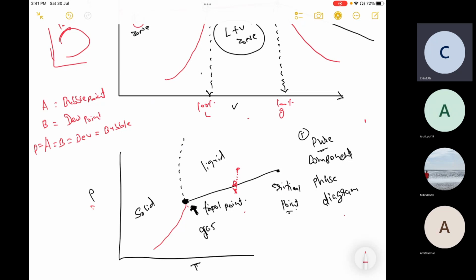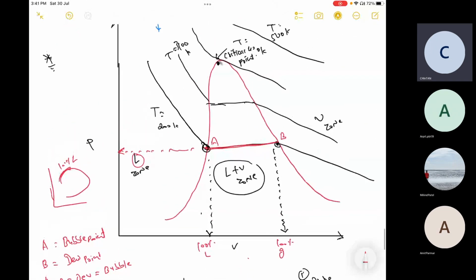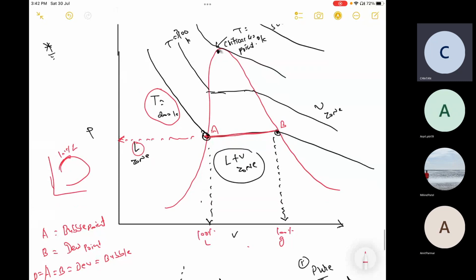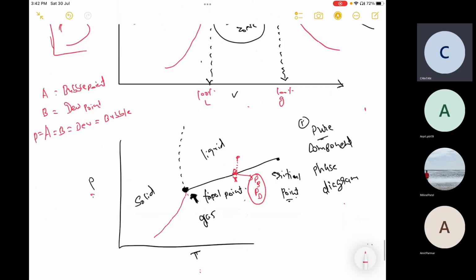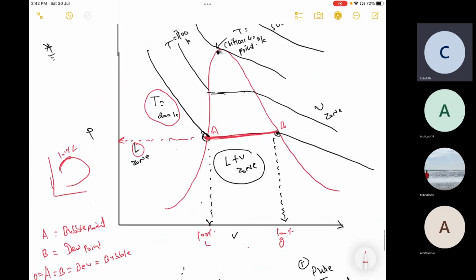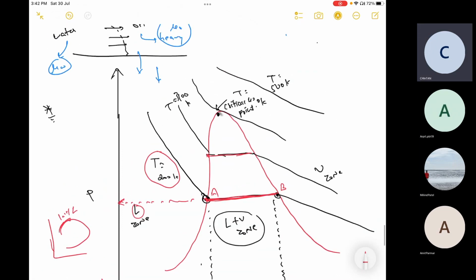So this point is the bubble point as well as the dew point for that particular temperature, T equal to 200 Kelvin. Within that pressure and temperature, the volume changes in such a way that it creates a two-phase region. We can't observe it here because we do not have the additional volume axis. This is the projection in the PT plane, so it is a simple straight line: a single bubble point and dew point pressure at constant temperature.